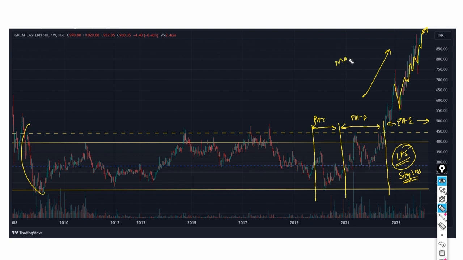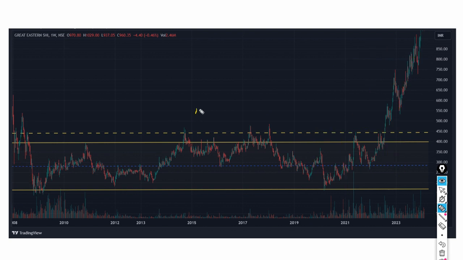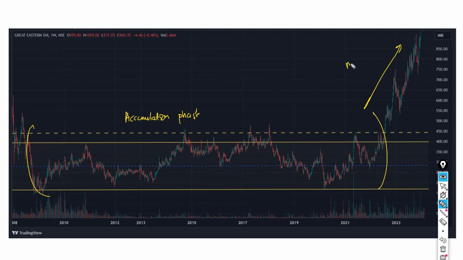So this begins the markup phase. Okay, let me redraw. So this is our accumulation phase, and this is the markup phase.